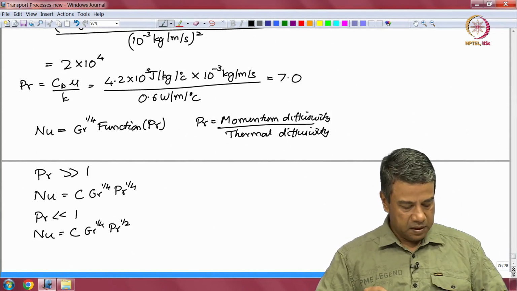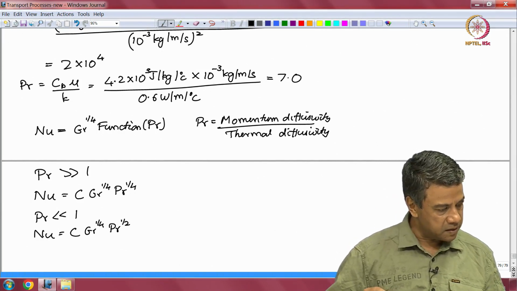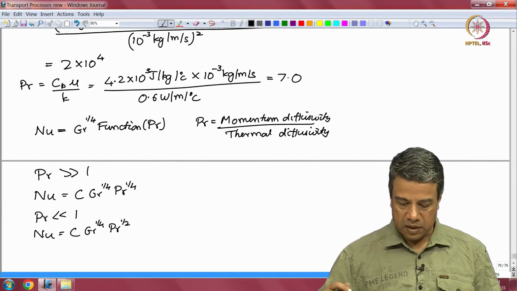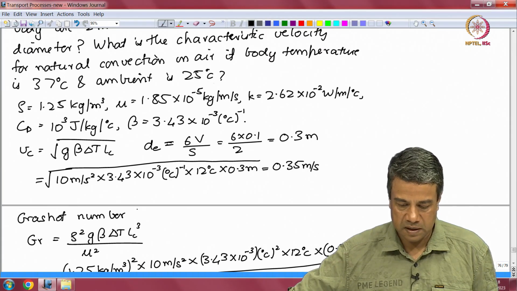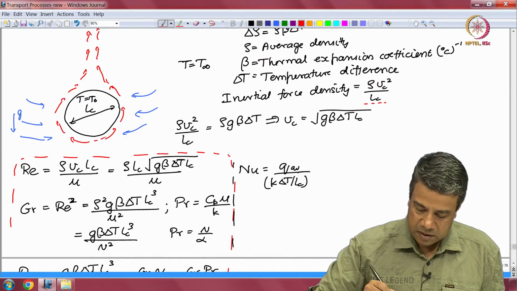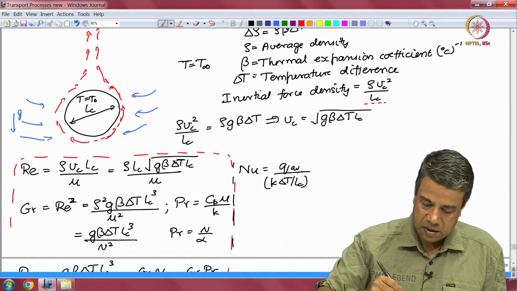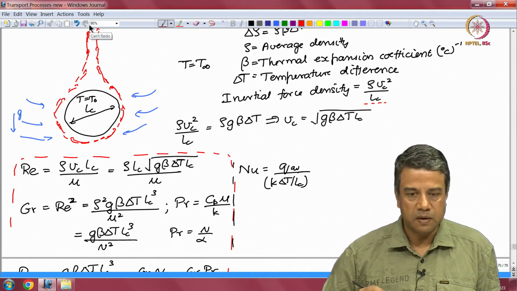Okay. The Grashof number power 1/4 dependence is the same in all cases. Okay. And I should note that in the limit of high Grashof number, the assumption is that there is close to the surface a thin boundary layer within which all of the flow upward is happening. Okay.